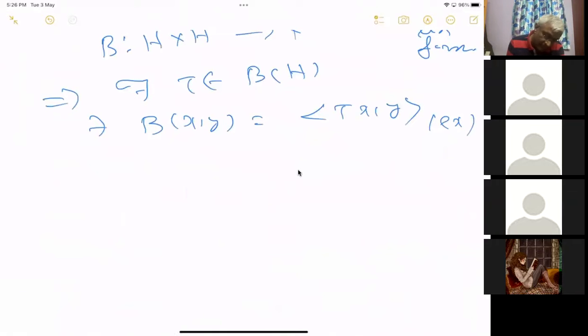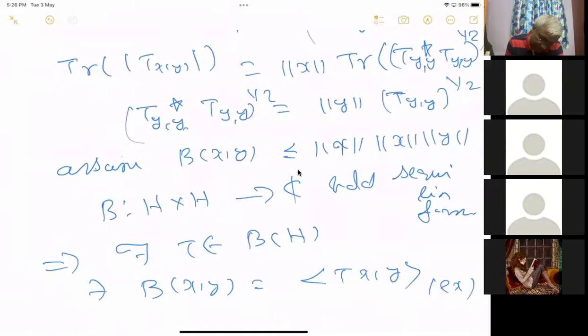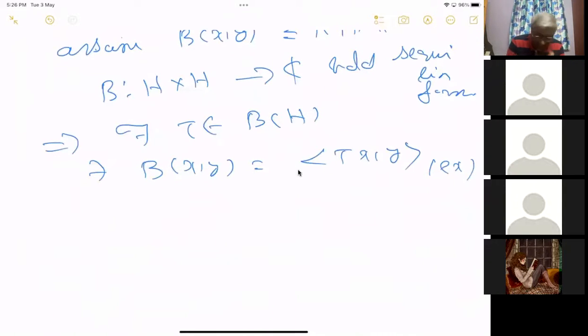T_{x,y}. Okay. So B(x,y) equal to T_{x,y}. So now this is also equal to chi of T_{x,y}, right? Chi of T_{x,y} equal to this.